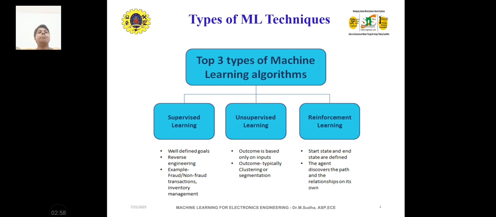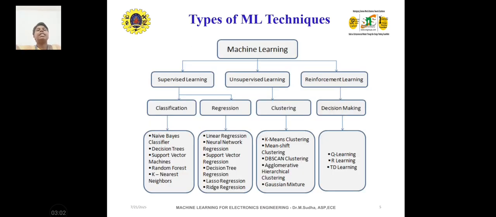The agent discovers the path and the relationships on its own. In detail, supervised machine learning is broadly divided into classification and regression. And coming to unsupervised, it is clustering, and reinforcement is decision making.